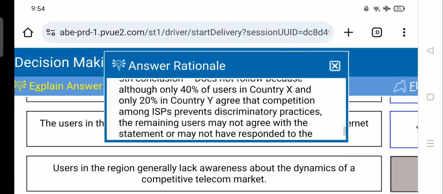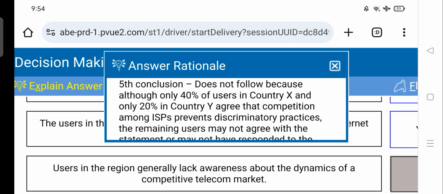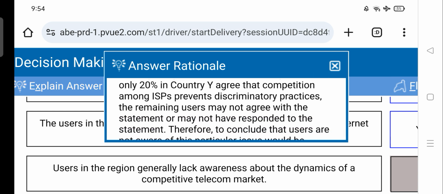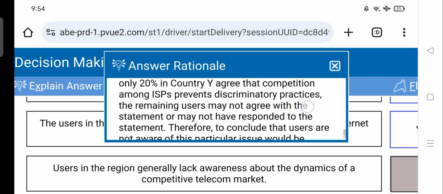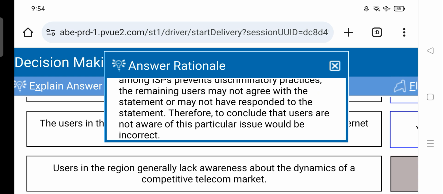Then we have a fifth conclusion that it does not follow because although only 40% of users in country X and only 20% in country Y agree that competition among ISPs prevents discriminatory practices, the remaining users may not agree with the statement or may not have responded to the statement.